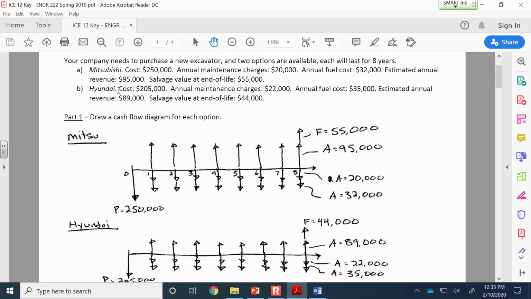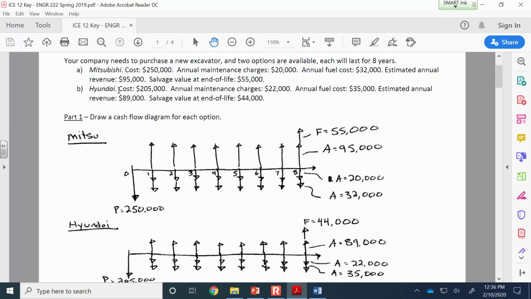So what we're trying to do in the present worth method is take the cash flow, take all of the amounts to time 0 and combine them. And so for the Mitsubishi, we have an annual series of 43,000, take it to P. And then the single future amount, take it also to P, meaning 0. And so you're going to find P given A for i equals 10% and n equals 8.